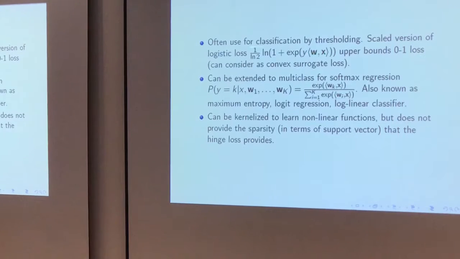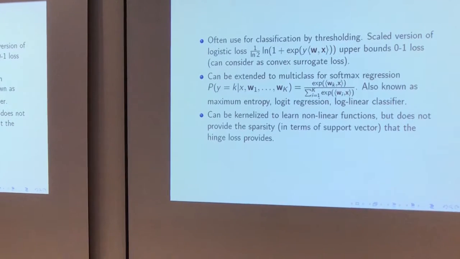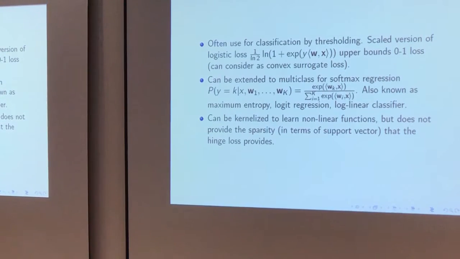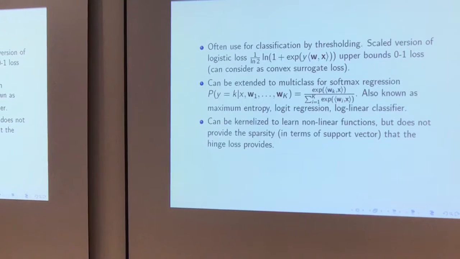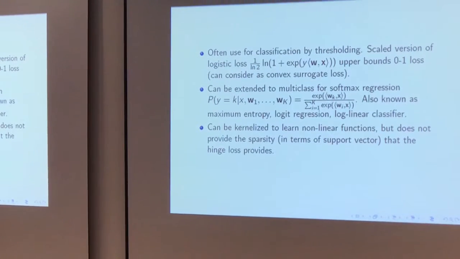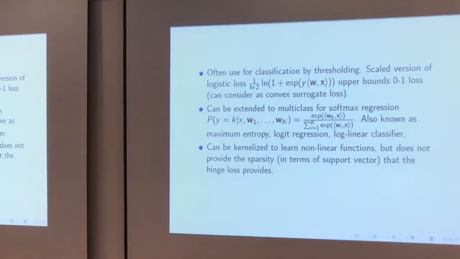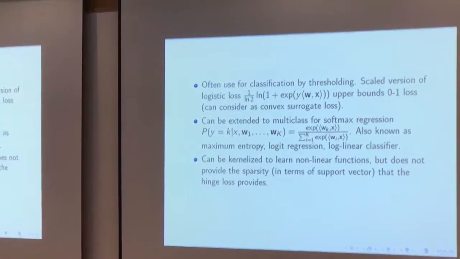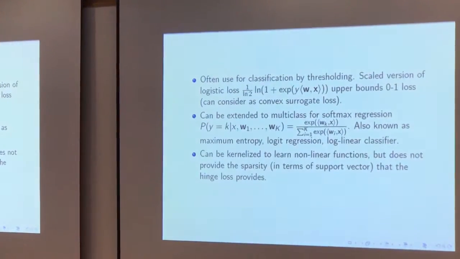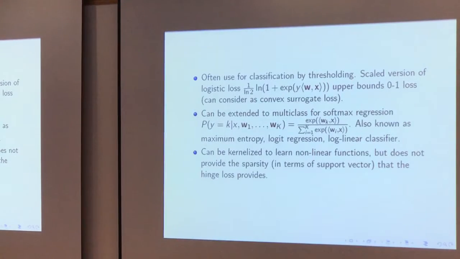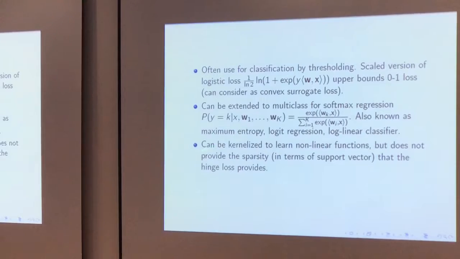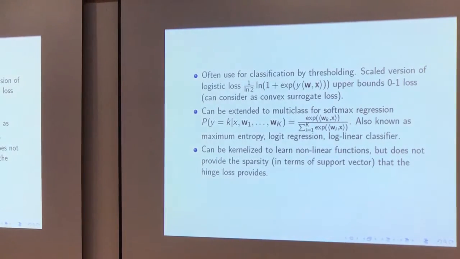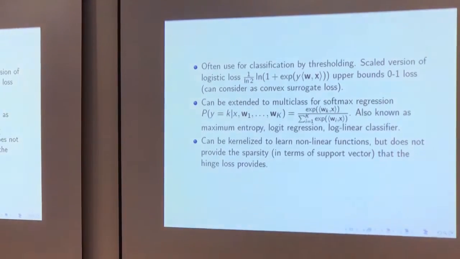We can extend it. In practice, often you might be interested in a multi-class problem. So instead of logistic regression, this is softmax regression. For this course, we didn't analyze this in any detail, but it is extendable to softmax regression. Different areas call it different names: often maximum entropy, log linear classifier, logistic regression, softmax regression.